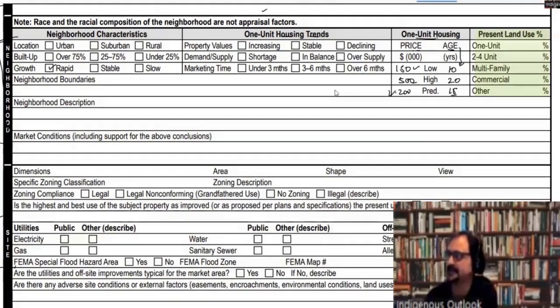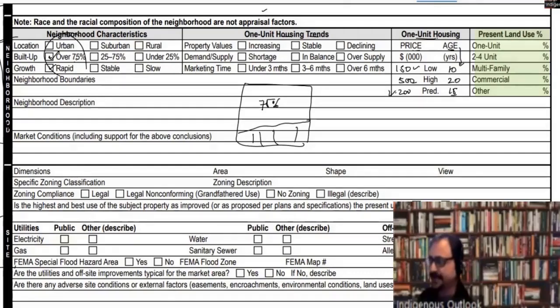After that, present land use percentage. Remember, if 75% is built up area, we are telling that 75% is already built up, occupied by people, and this is the only land that is vacant. Now they are going to tell us, out of this 75%, what is the percentage of one unit property, because all the 75% will not be occupied only by one unit property, right?